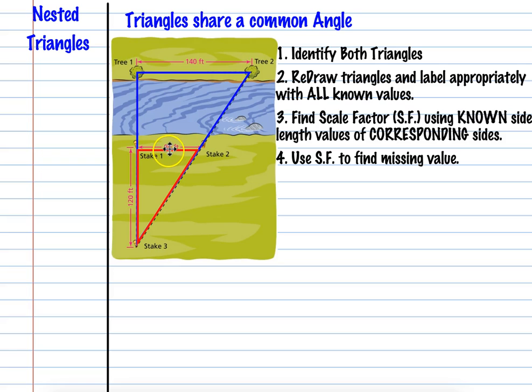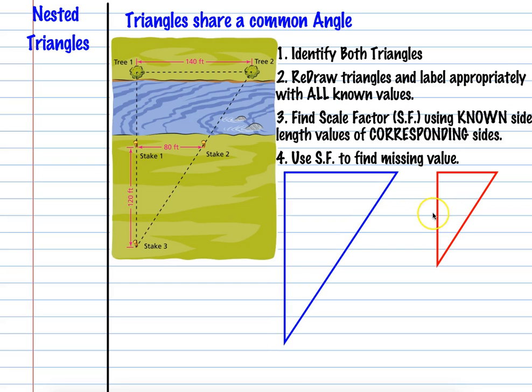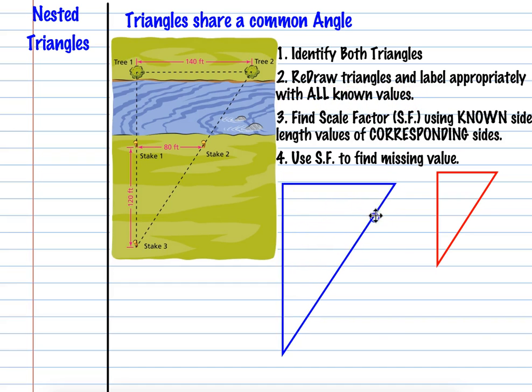Now, what I would like you to do is draw both triangles out separately. Redraw triangles and label appropriately with all known values, so that now I can use my scale factor from one to the next.